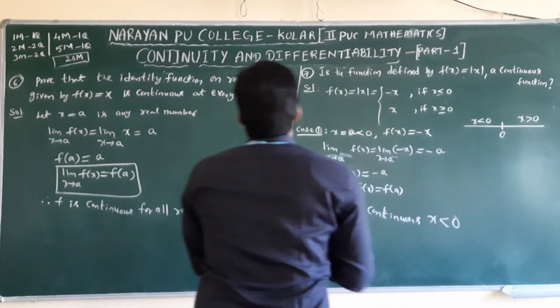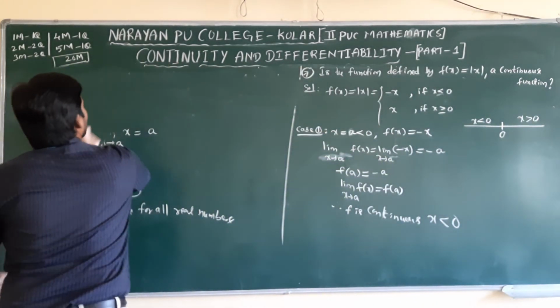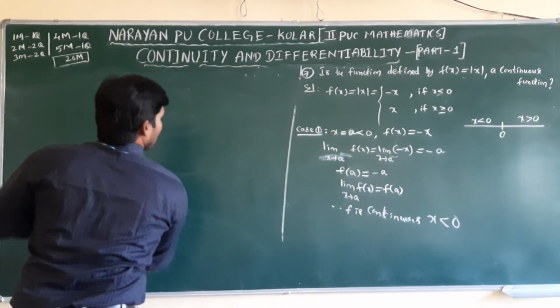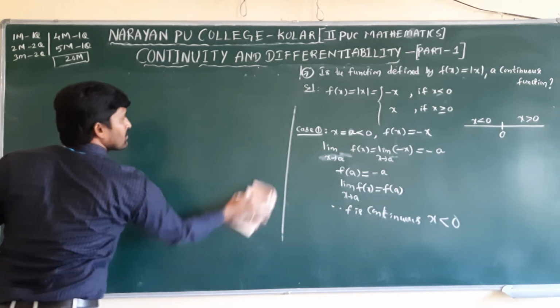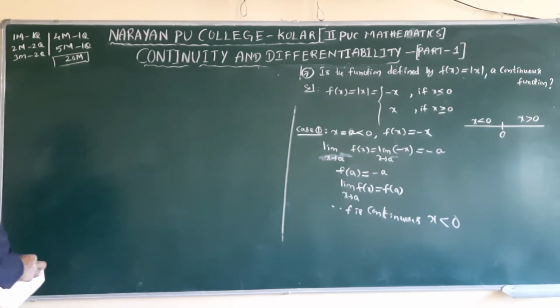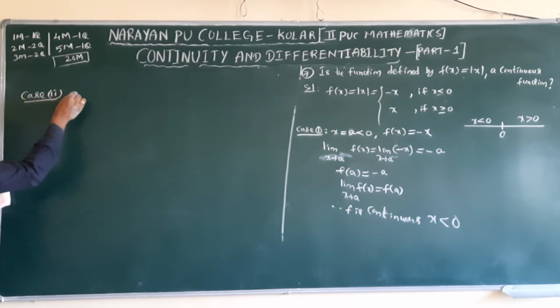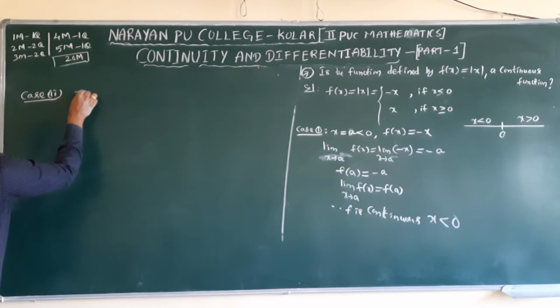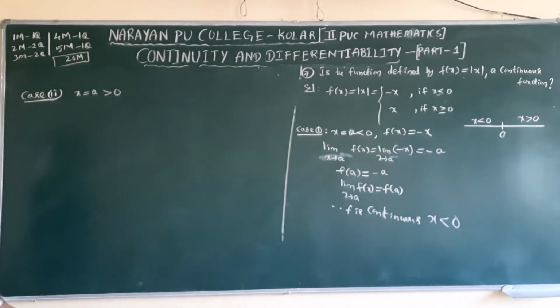Next, at the right side of 0, case 2. Now what condition here? x is equal to a, where a is greater than 0, positive values.